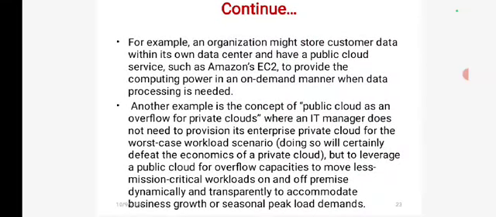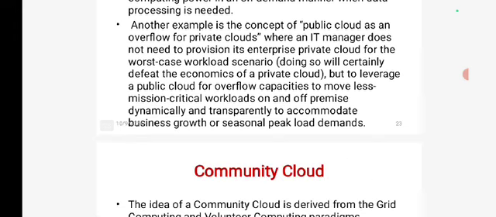For example, an organization might store customer data within its own data center and have a public cloud service such as Amazon EC2 provide computing power on demand when data processing is needed.